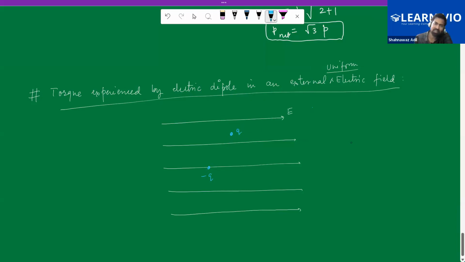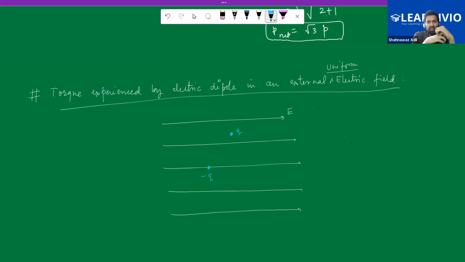So what is the direction of the dipole? From where to where? What is the direction of the dipole moment? Yes, Rishita.